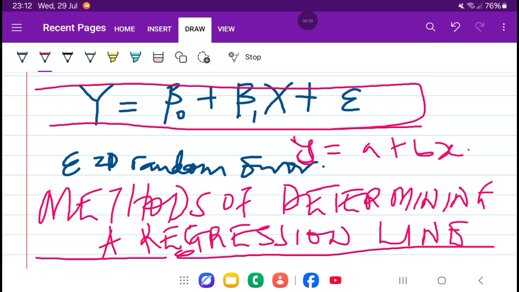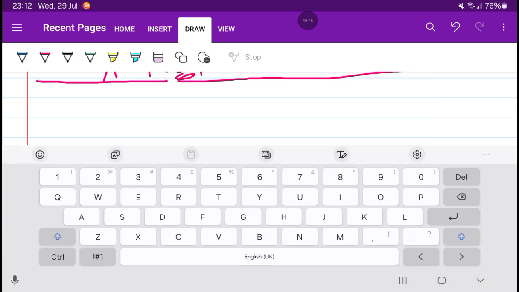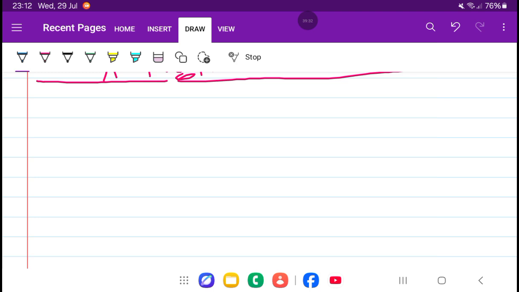But we've said there are ways where you can go through to be able to get a perfect line, and we draw it very well. So I want us to start with what you call the least squares approach or method.